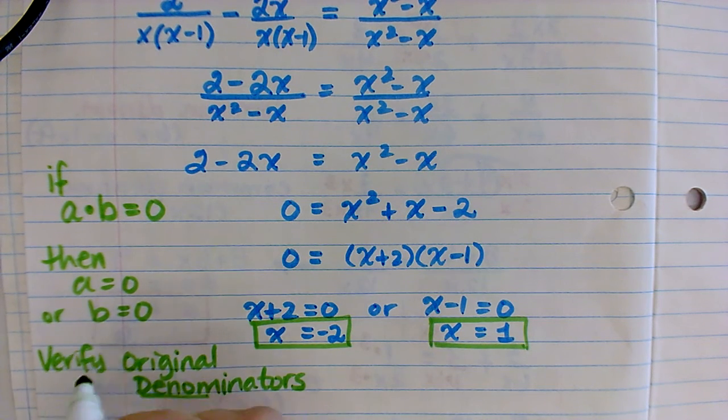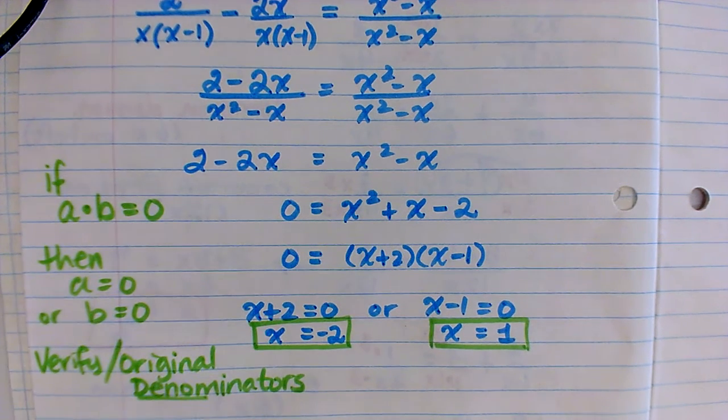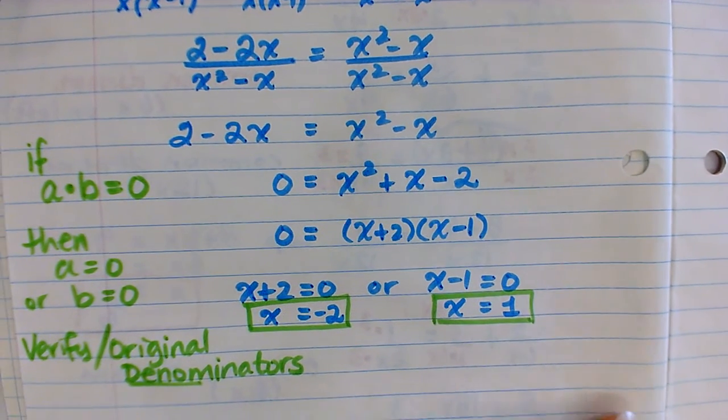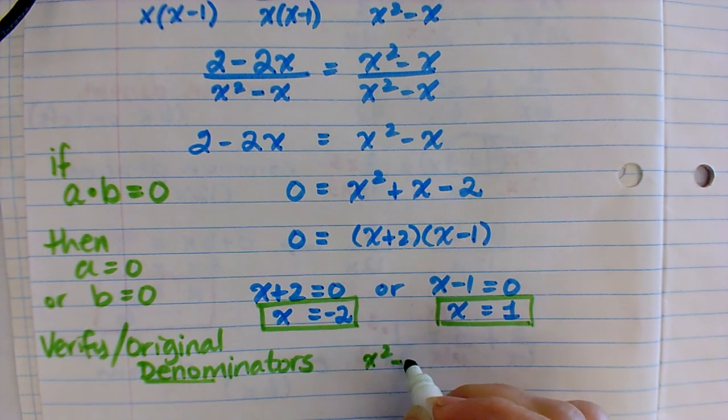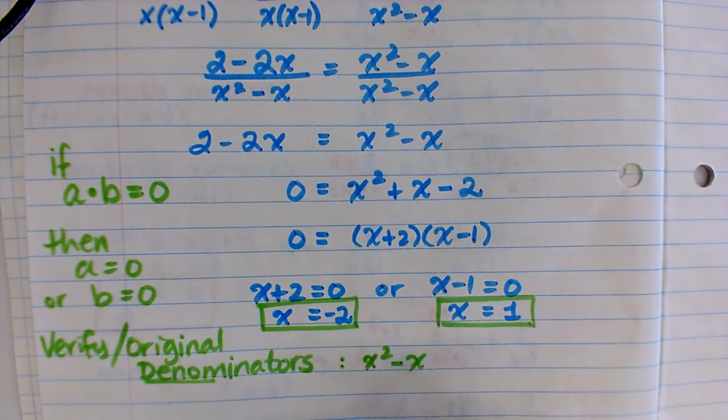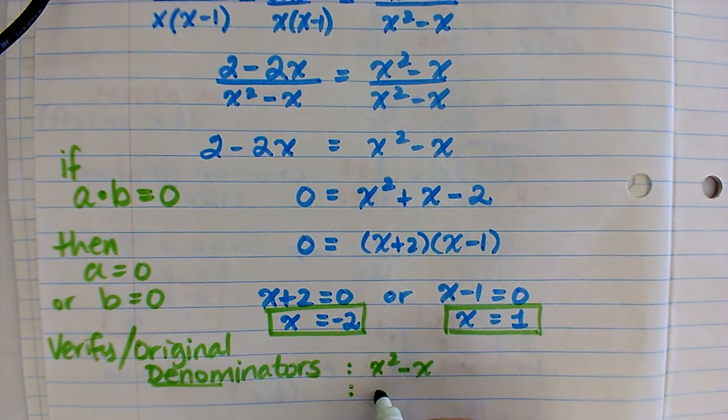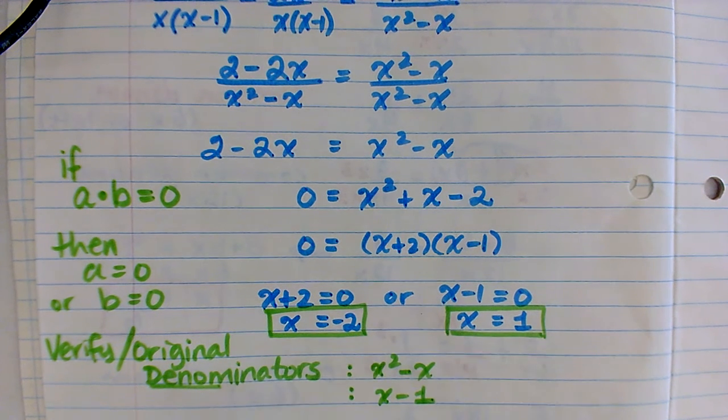Verify with the original denominators. So the original denominators were x squared minus x and x minus 1.